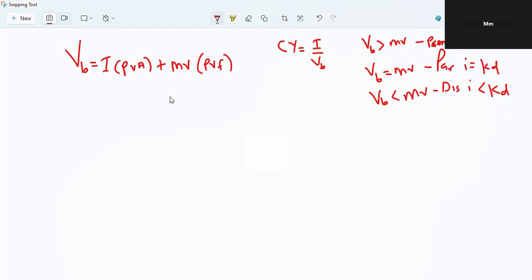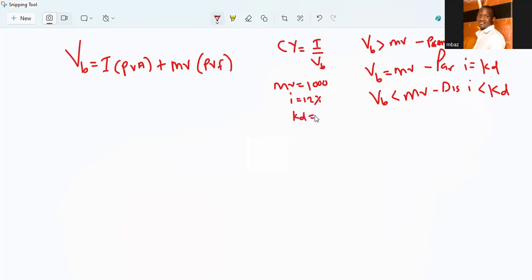So in an instance where you're given that our maturity value or face value of the bond is 1,000, our coupon interest rate is 12%, our market interest rate is 10%, and our time to duration is 3 years.